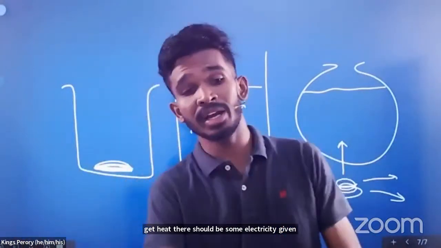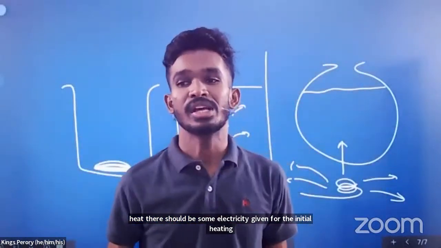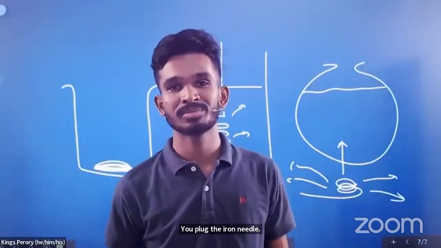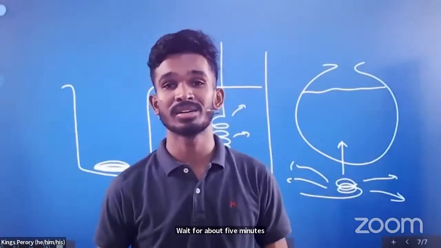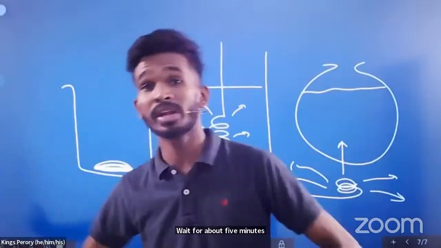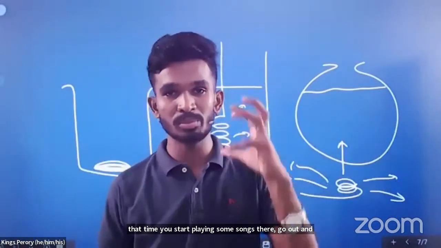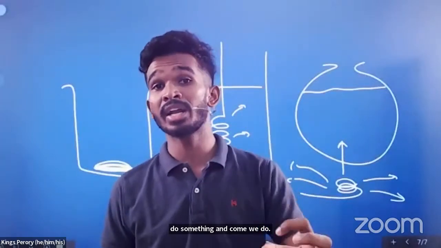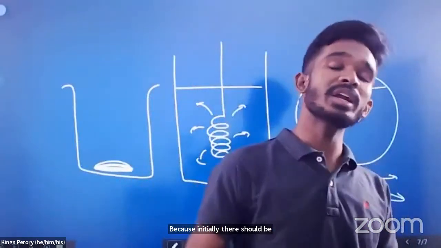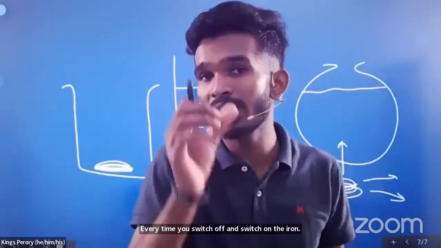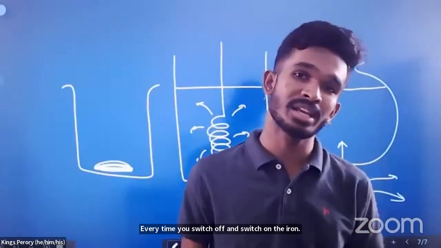You can't plug in the iron and start ironing at once. You plug in the iron and wait for about 5 minutes. In that time you play some songs, go out and do something and come back. We do that because initially some time is needed for the iron to get heated. Every time you switch off and switch on the iron, that 5 minutes should be given for it to get initially heated.